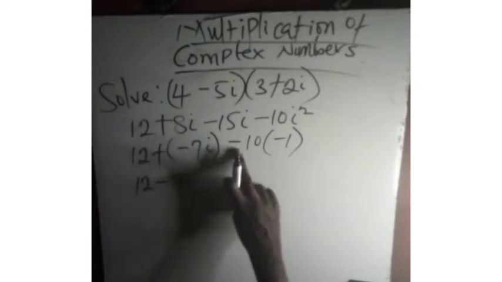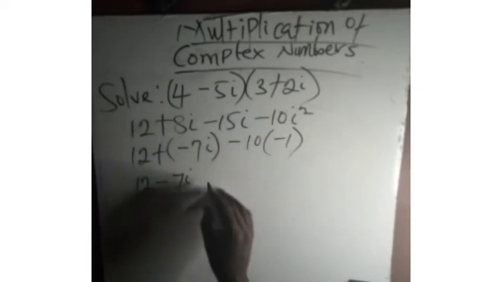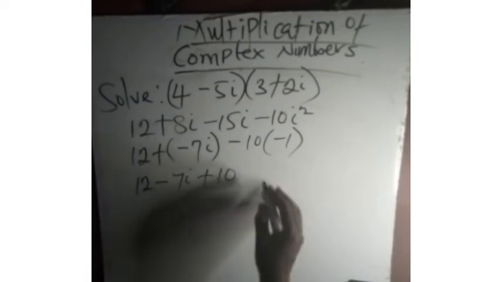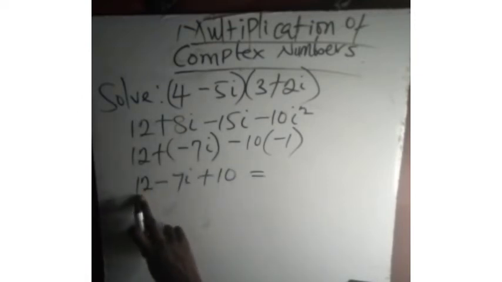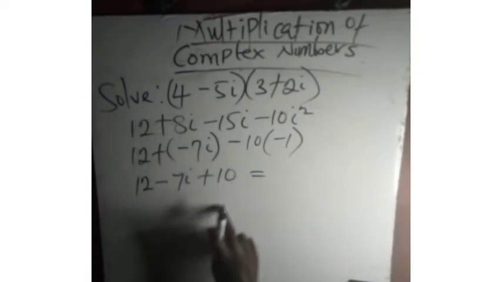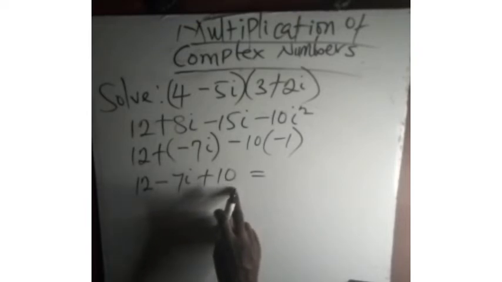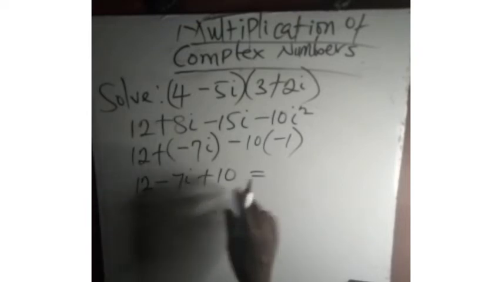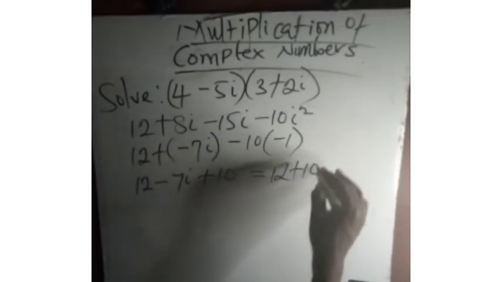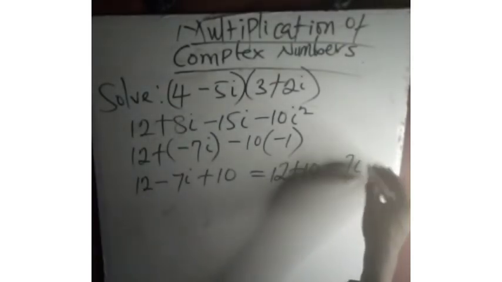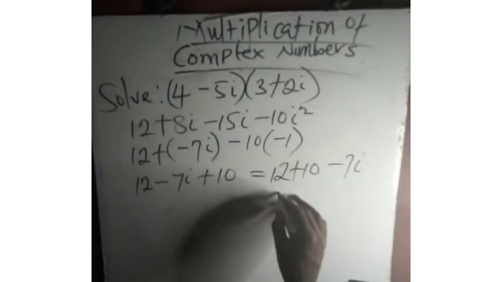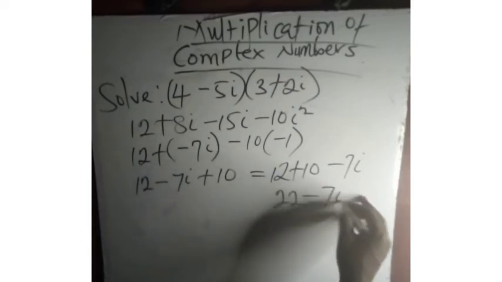Then I have minus 10 times minus 1, which is plus 10. So by collecting like terms, real part to real part and imaginary part to imaginary part, I have 12 plus 10 minus 7i.